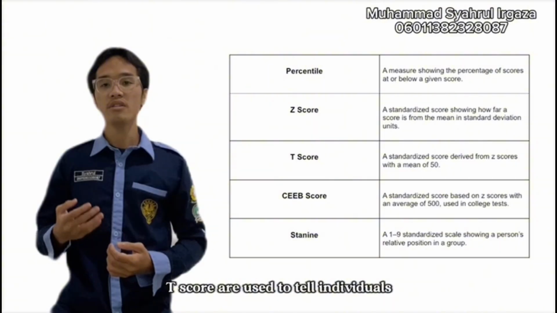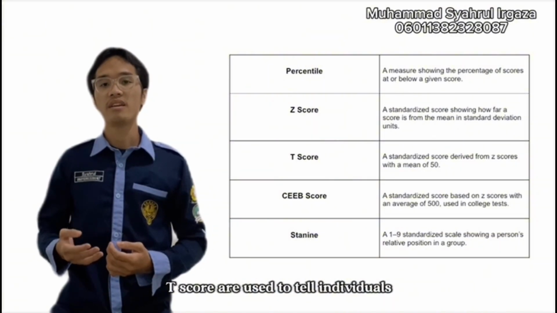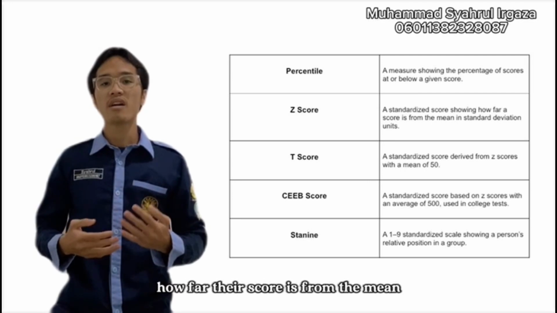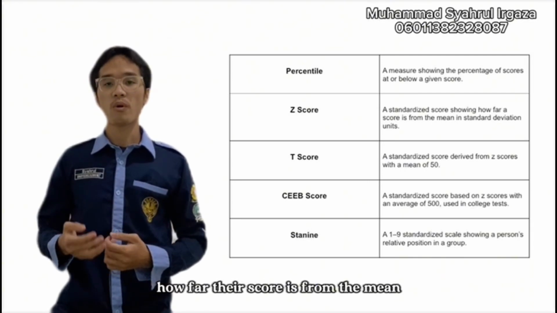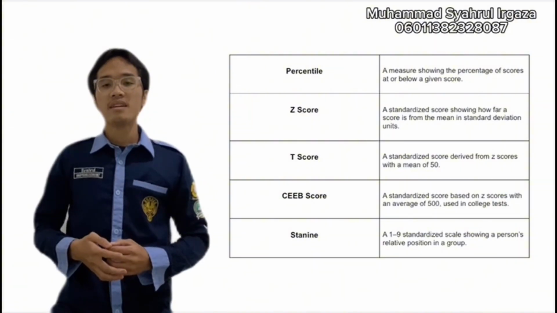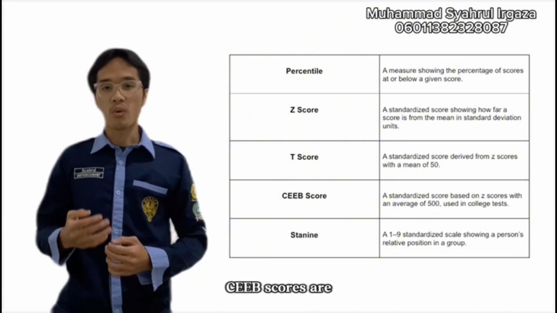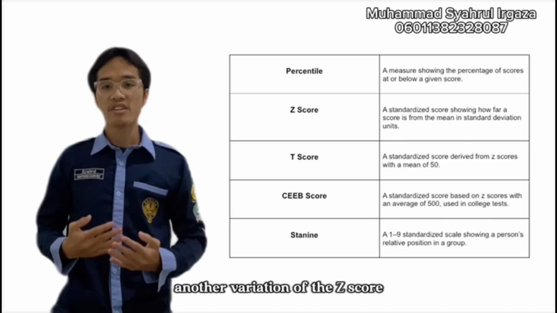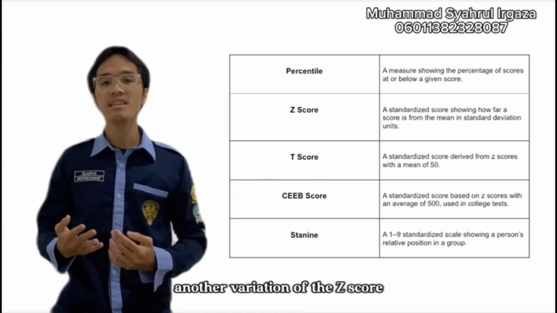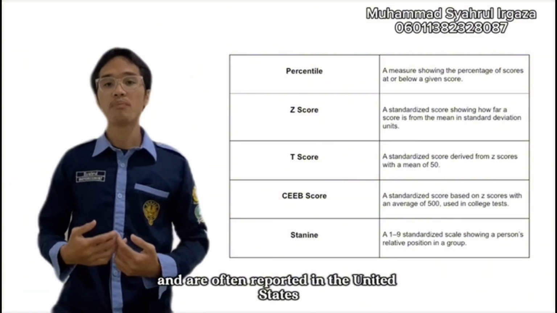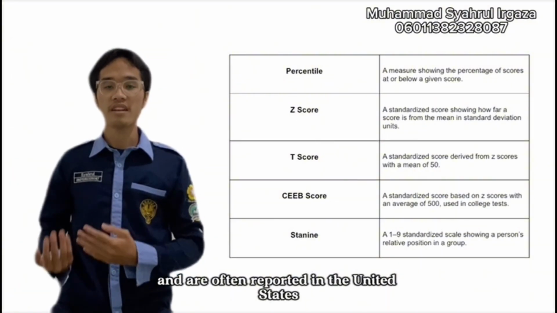T-scores are used to tell individuals how far their score is from the mean. CEEB scores are another variation of the Z-score and are often reported in the United States.